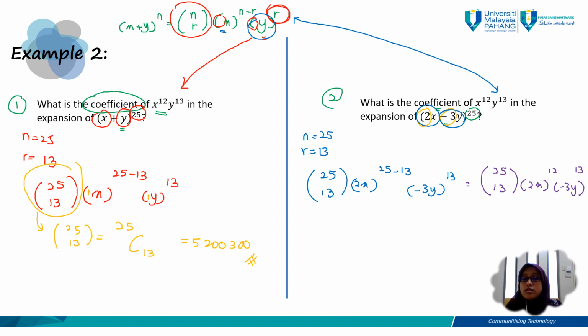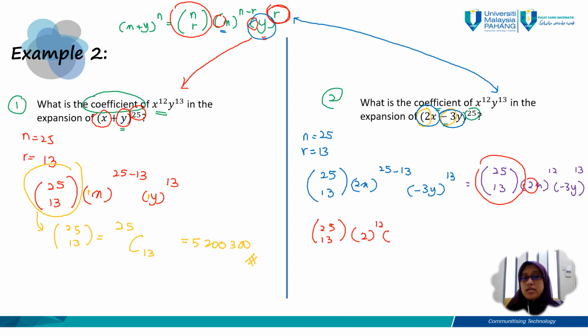So what is the coefficient? The coefficient is 25 choose 13, and then we have here 2, which is the coefficient for x, so we have 2 to the power of 12.